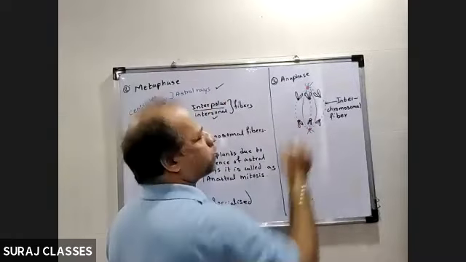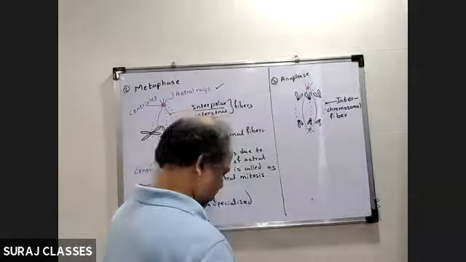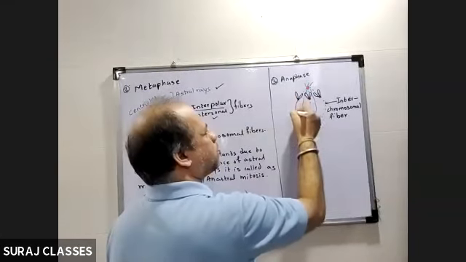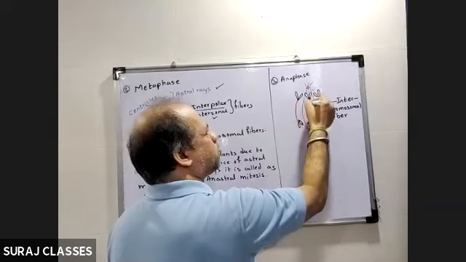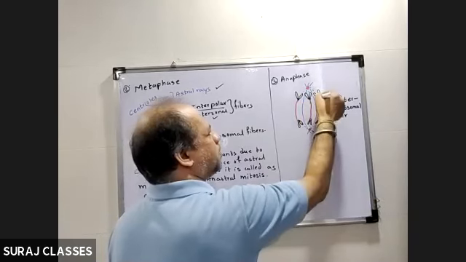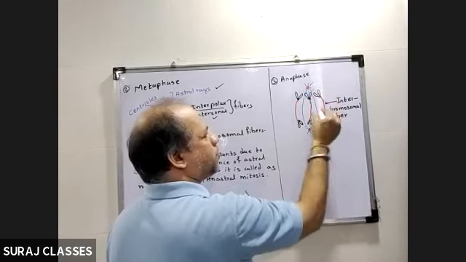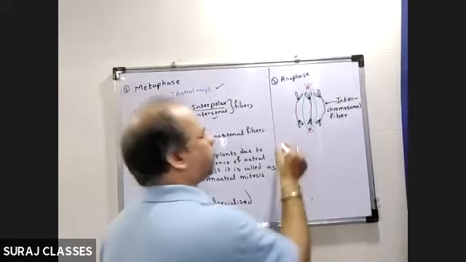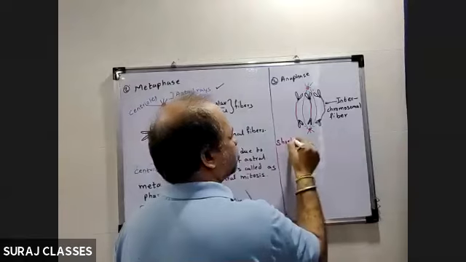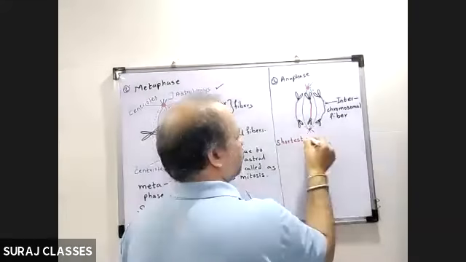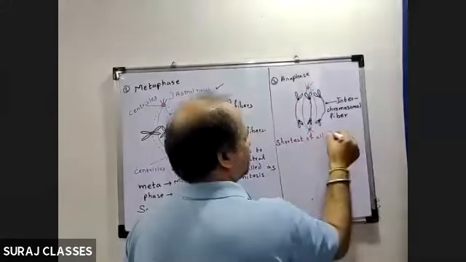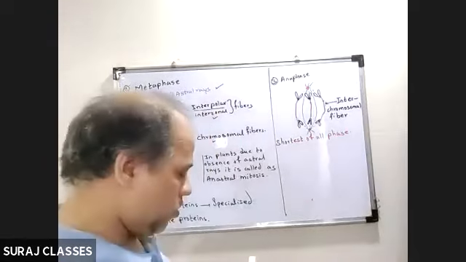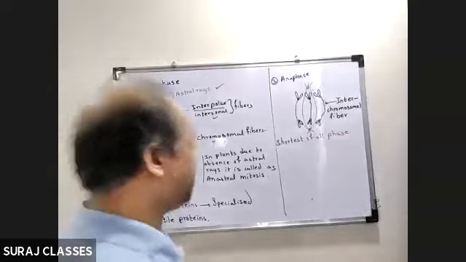Between the two chromosomes there is a special fiber, and this is called interchromosomal fiber. Anaphase is the shortest of all phases. Now, the last phase is the telophase.